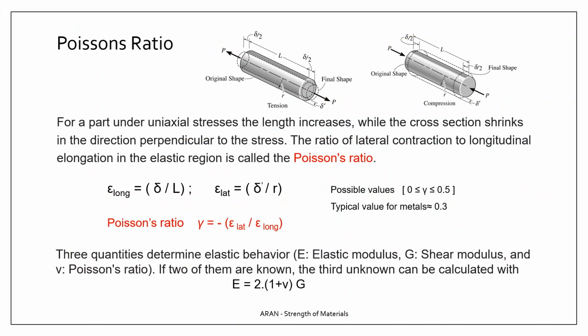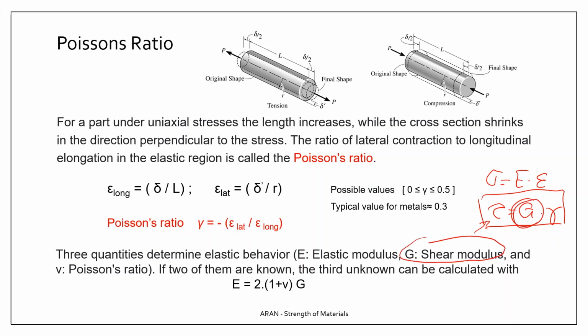In the elastic region, you know Hooke's law is given like this. The relation between the shear stress and the shear strain is given again by a similar formula, and this value is called the shear modulus. And then, as you see, we have three quantities which determine the elastic behavior of a material: the elastic modulus, the shear modulus, and the Poisson's ratio.